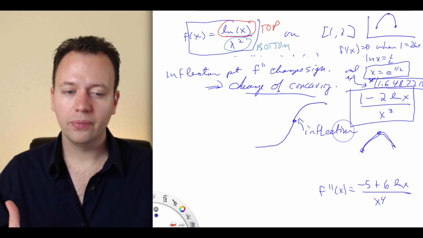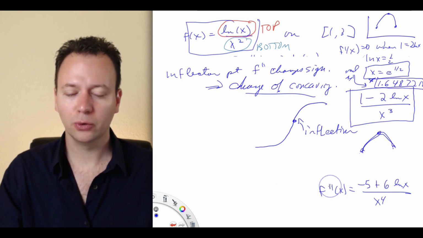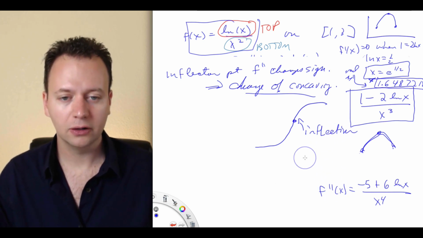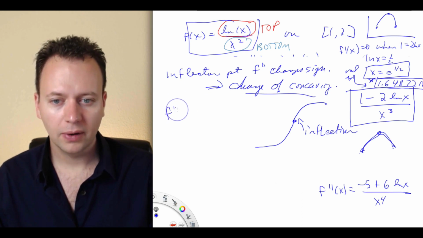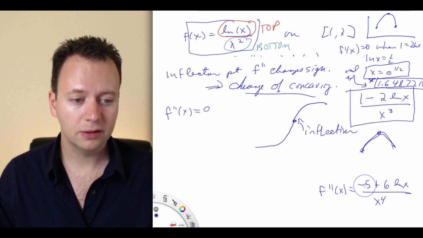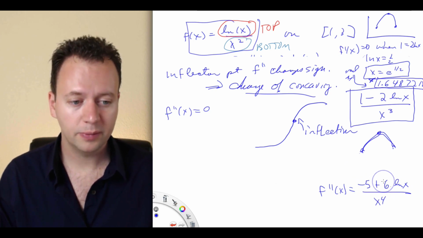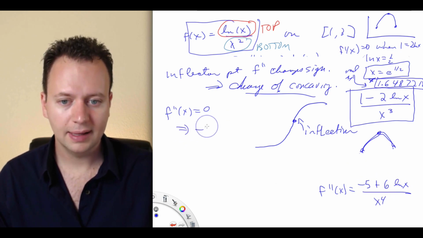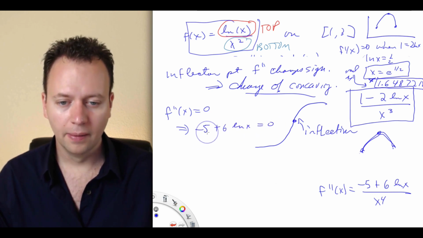And so if it's an inflection point, the second derivative has to be 0. So let's take a look at the second derivative and set it equal to 0. So f double prime of x equals 0. Well, the bottom is going to be positive, so it's just up to the numerator to be 0. So that implies that -5 plus 6 ln of x is equal to 0.